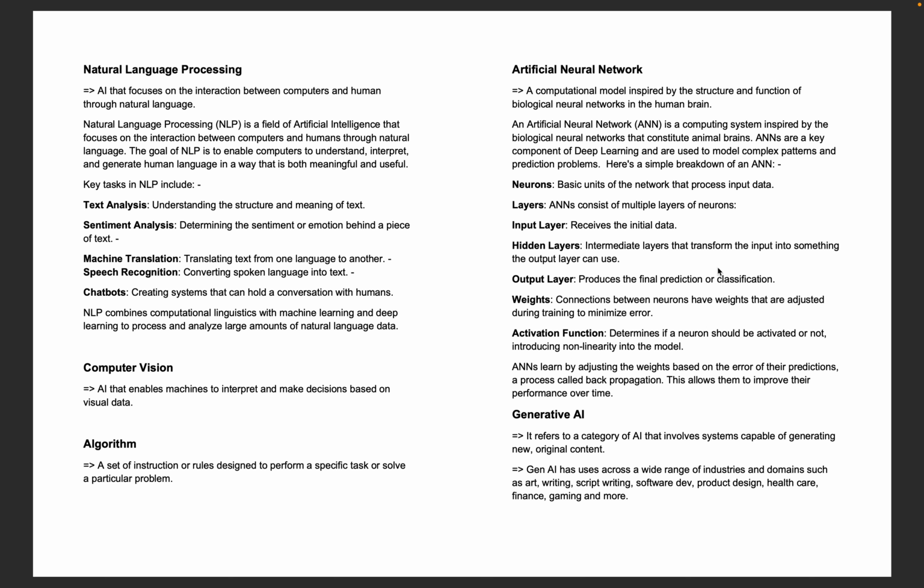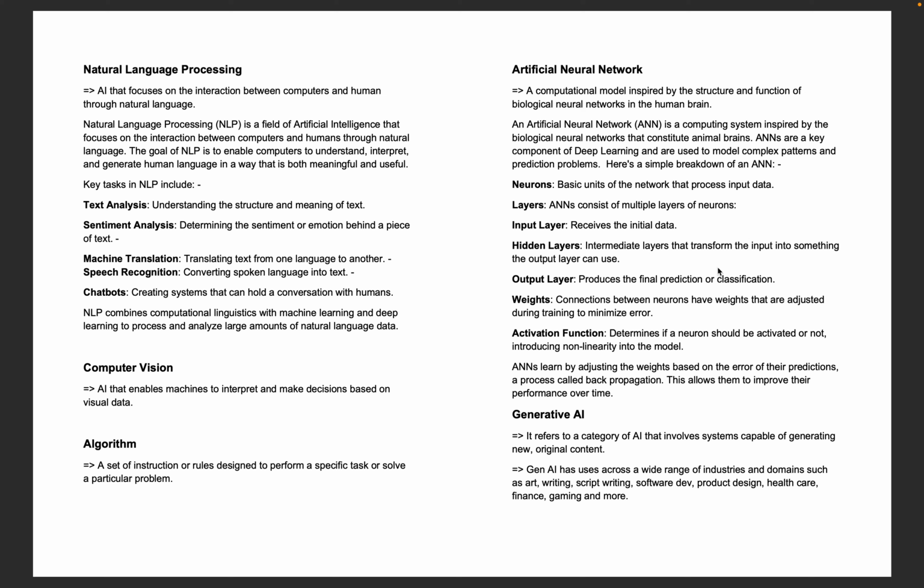Okay, natural language processing. Natural language processing basically combines machine learning and deep learning to process and analyze large amounts of natural language data. It is an interaction between computers and human natural language. Some of the breakdown I have given for natural language processing you can see here.